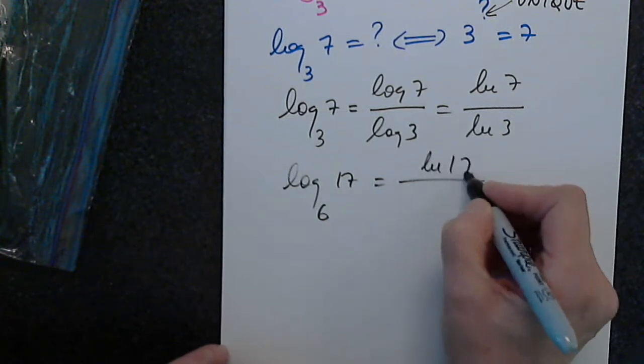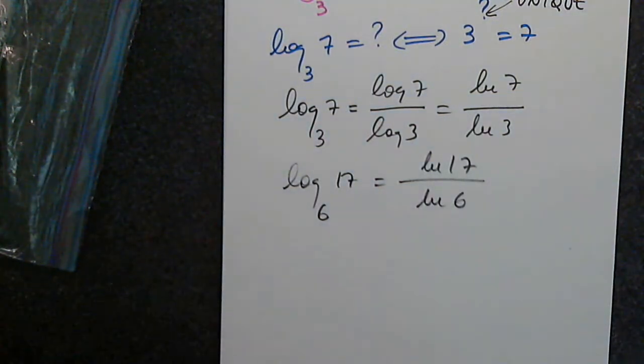So this is natural log 17 over natural log 6. So natural log 17 divided by natural log 6. I get whatever, 1.58. And then I take 6 to that power. Make sure that I'm getting what?